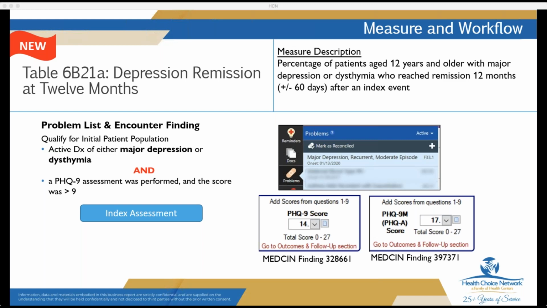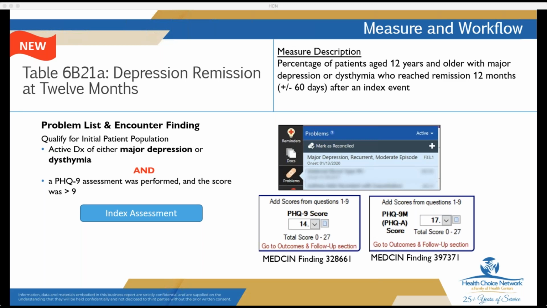Okay, so for the 2020 measurement period, a patient will be counted in the denominator population if they had a qualifying visit between November 1st, 2018 through October 31st, 2019, where they have an active diagnosis of depression or dysthymia that overlaps this period.